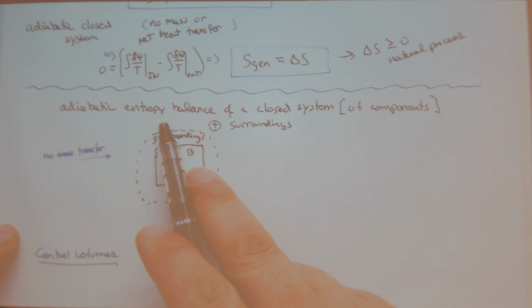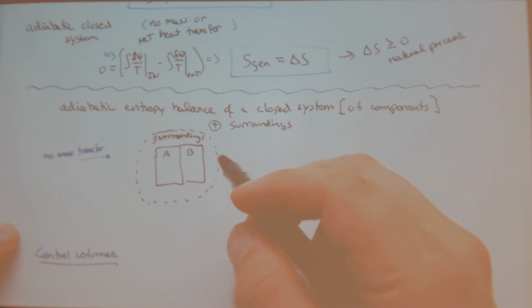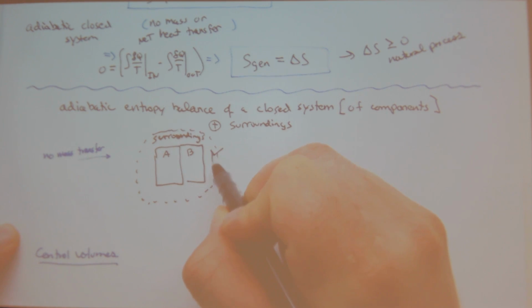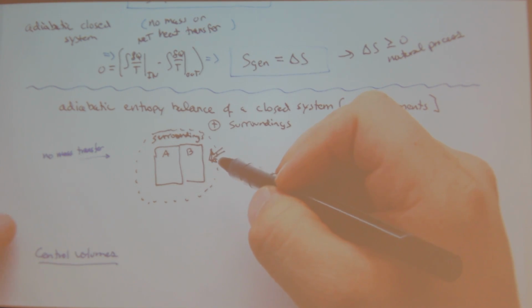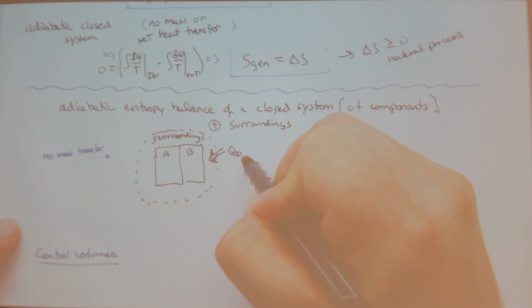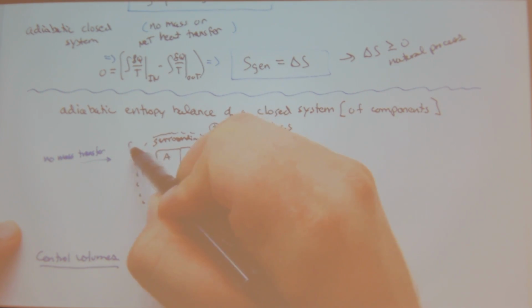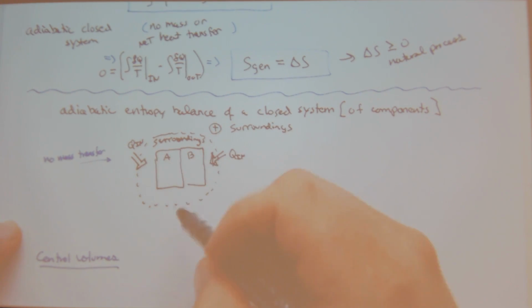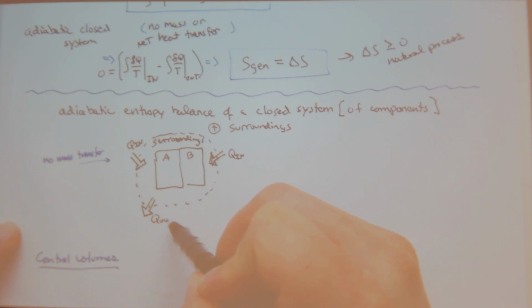So adiabatic entropy balance of a closed system. So adiabatic means delta Q. There's no, so I can have Q in, right? But it has to be balanced by Q out.